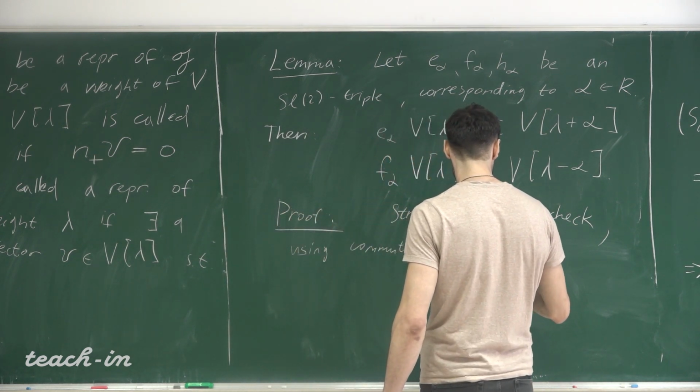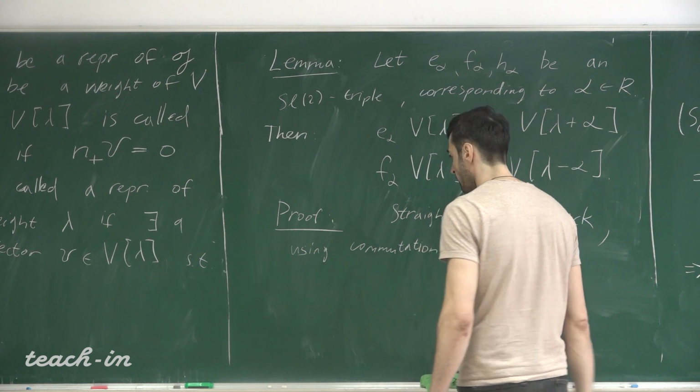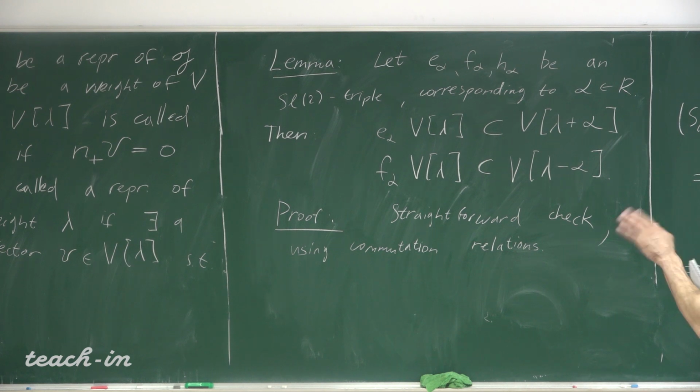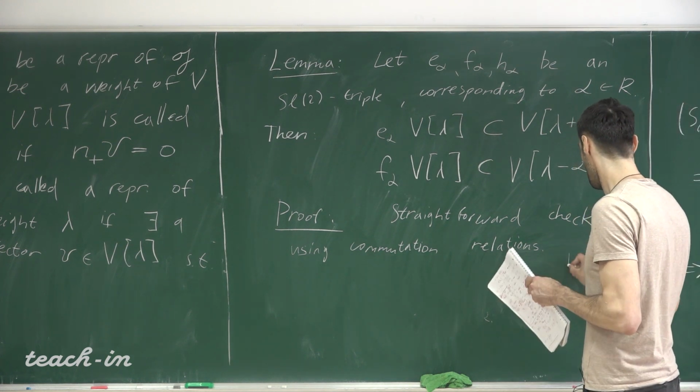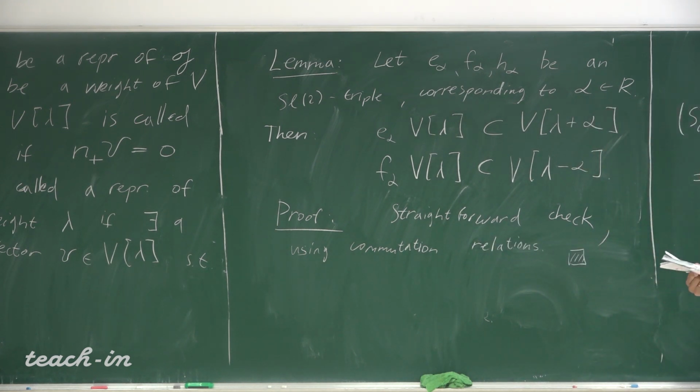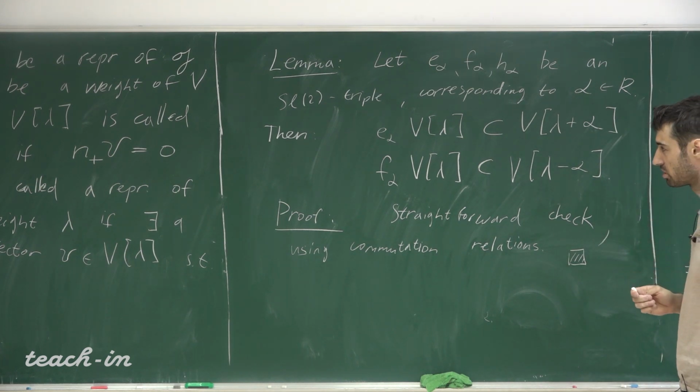Let me not do this. It's completely the same check as we did in the spring semester. We had some concrete vectors for alpha. Now our alpha is more abstract, and this is for any semi-simple algebras.